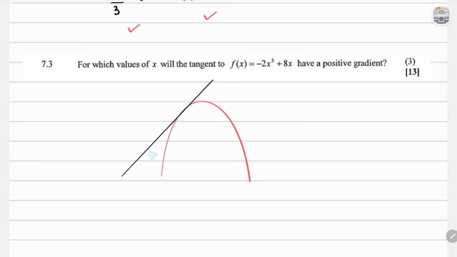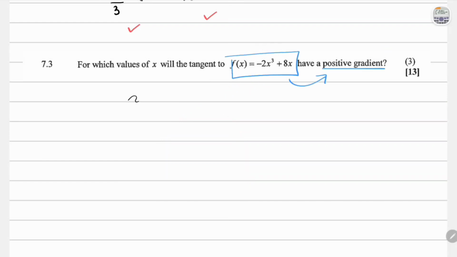So when you want to find out where the tangent to this graph will have a positive gradient, notice that the gradient of the curve and the tangent at this point would be exactly the same. So what they're really asking for is, where will this curve have a positive gradient, the same gradient as the tangent?